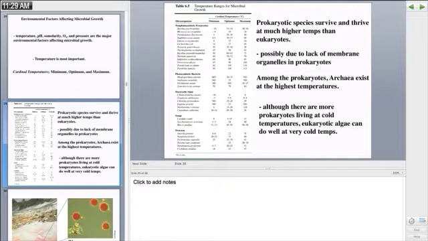But more interesting to me, and therefore more interesting to you, is as you come down this list of non-photosynthetic prokaryotes, you get into microbes where the optimal temperature is going up as you go down.